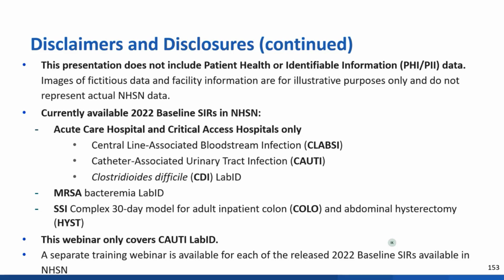It's also important to note that this webinar focuses exclusively on CAUTI. And if you're interested in one of the other available 2022 baseline SIRs, there are separate training webinars dedicated to each of those.